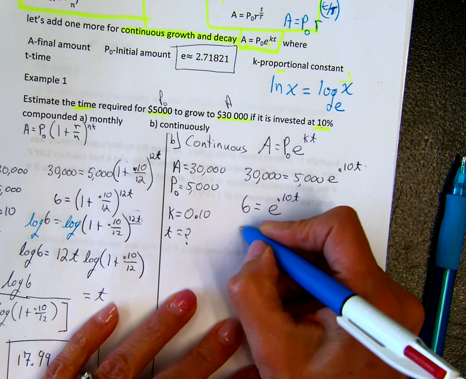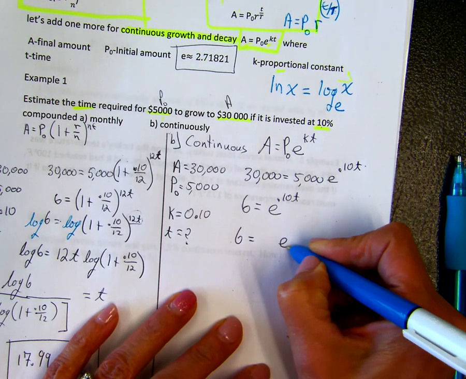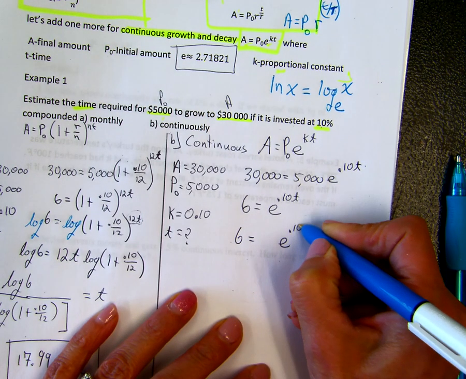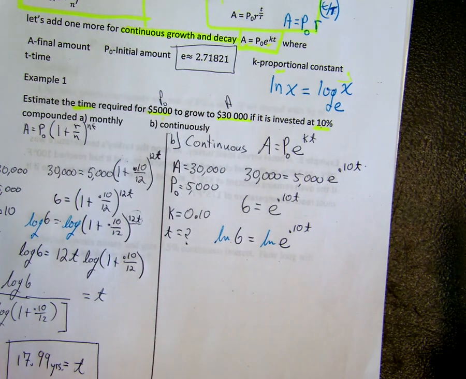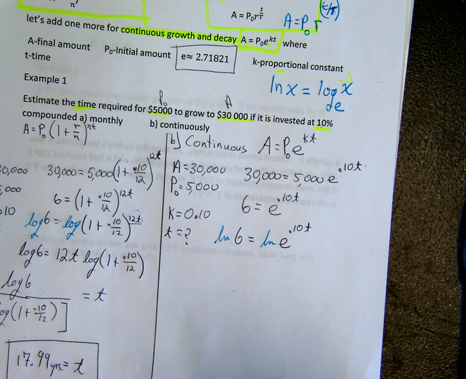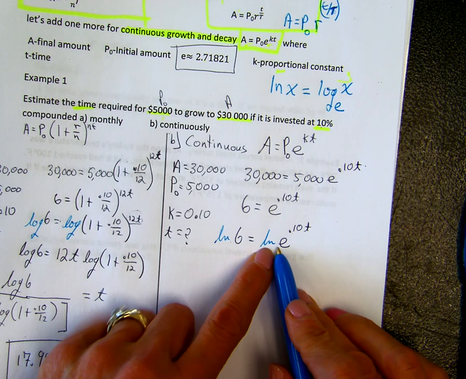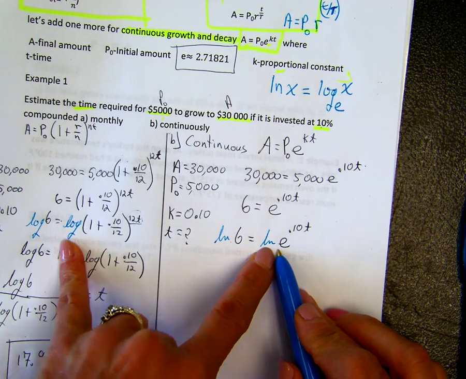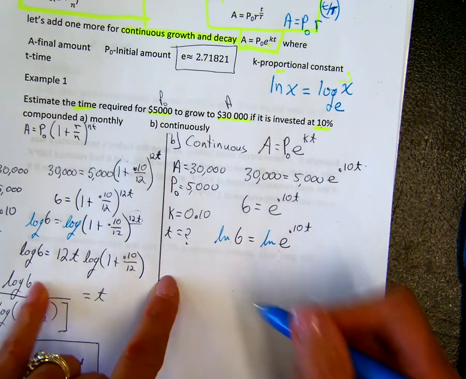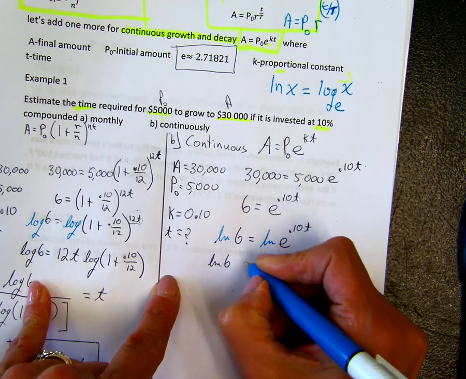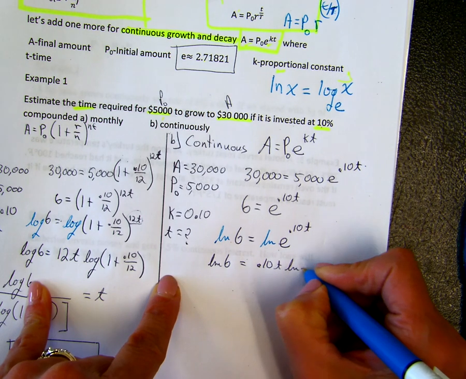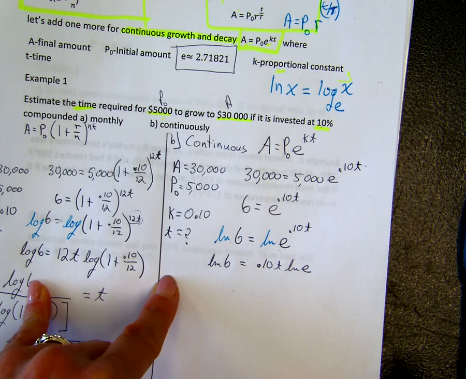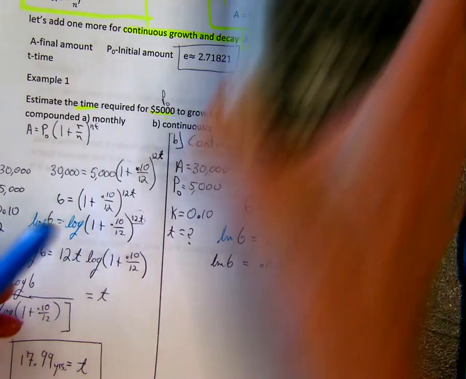So we've got 6 is equal to e to the 0.10t, and doing the same thing to both sides of the equation, taking the ln. And because a ln is a log, the rules work exactly the same. That is, we've got ln 6 equals 0.10t times the ln of e. Okay, here's why this is handy.